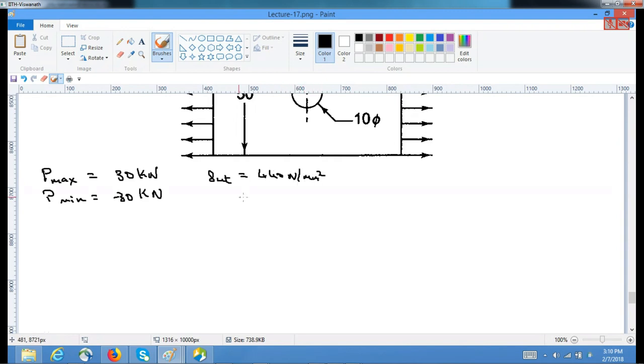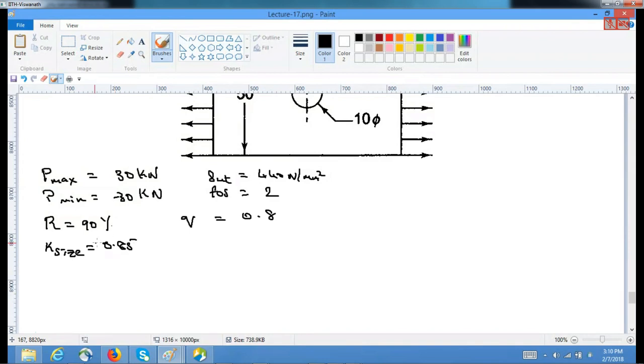Factor of safety is 2. Reliability is 90%. Notch sensitivity factor is 0.8, and K size is 0.85.